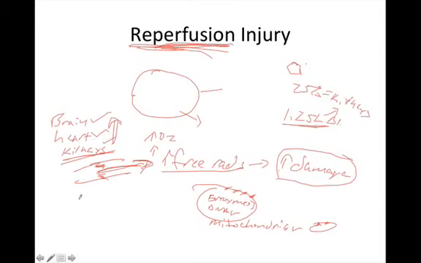And this is why, if there is reperfusion injury, one of the things they'll do to try to treat this is pump the person full of antioxidants. There are other treatments out there as well, but this is the one I'm going to leave you with: antioxidants. These are compounds used to combat free radicals.